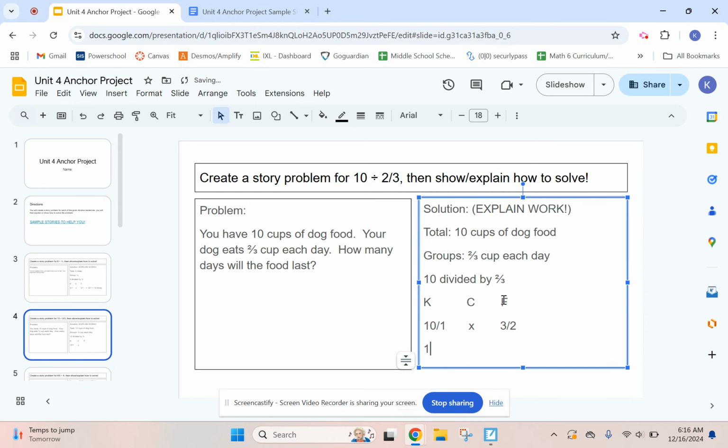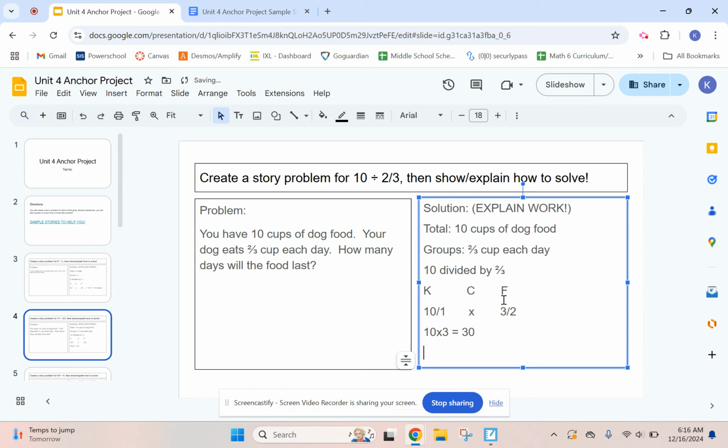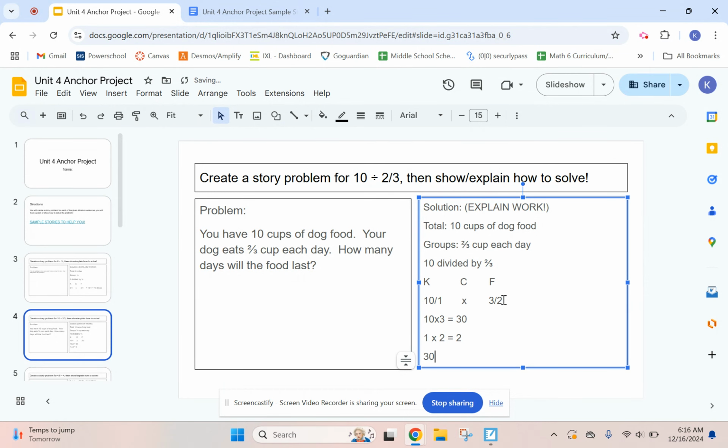All right, let's solve this out. 10 times, sorry, times 3 equals 30. And then multiply your bottoms. 1 times 2 equals 2. So now we have 30 over 2. 30 divided by 2 is 15. So the food would last for 15 days.